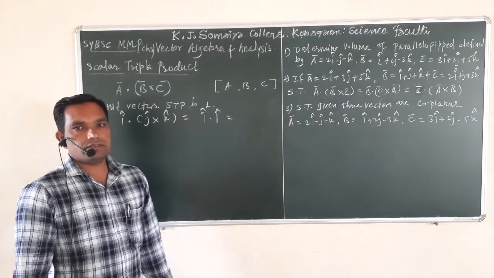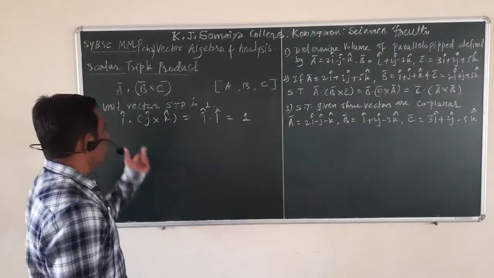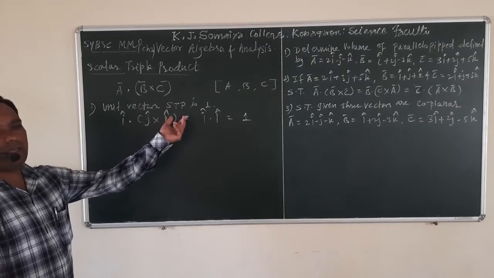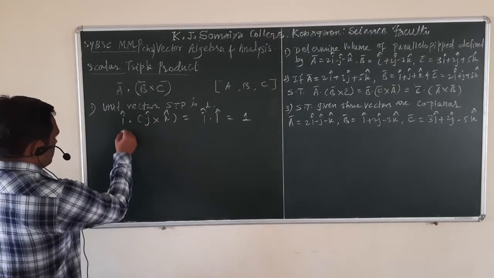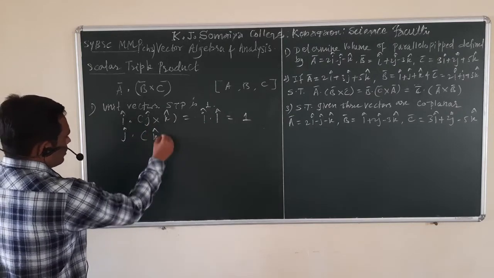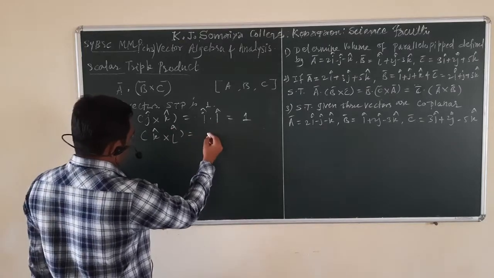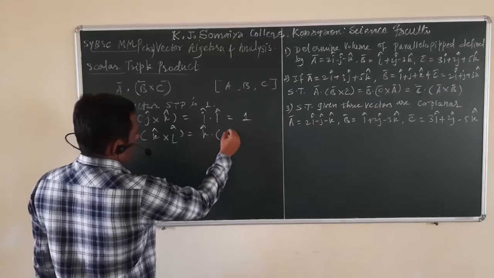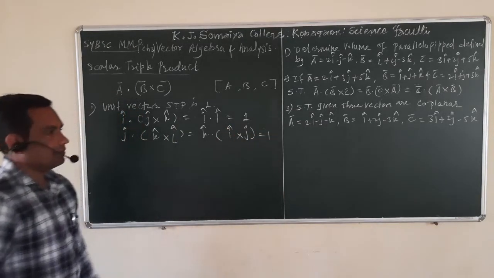and we know that i cap dotted with i cap is unity. So if you take cyclic order scalar triple product, then it will be 1, which means j cap dotted with k cap crossed i cap, and k cap dotted with i cap crossed with j cap is also unity.